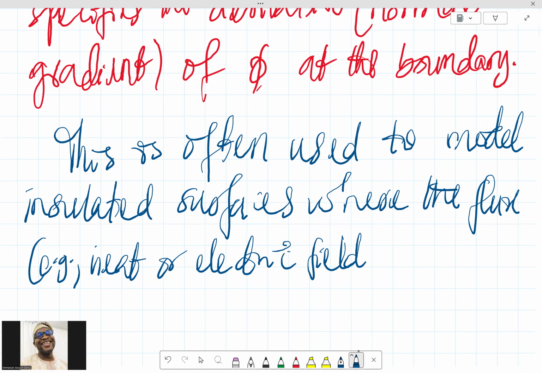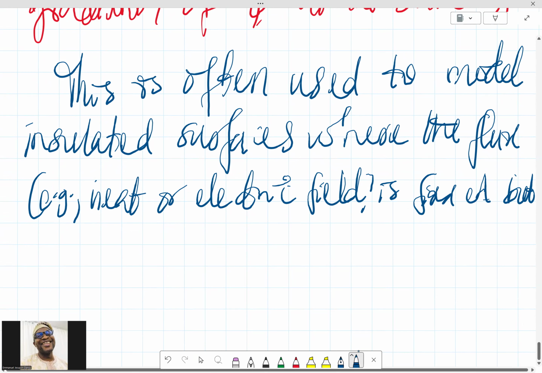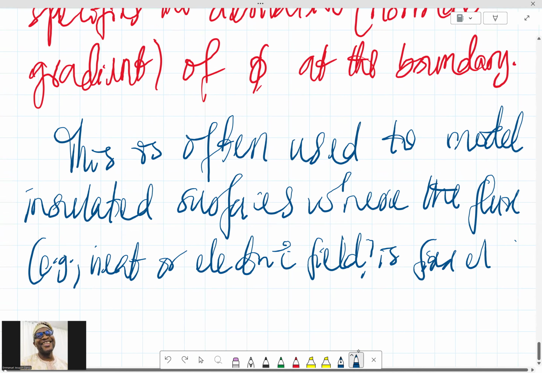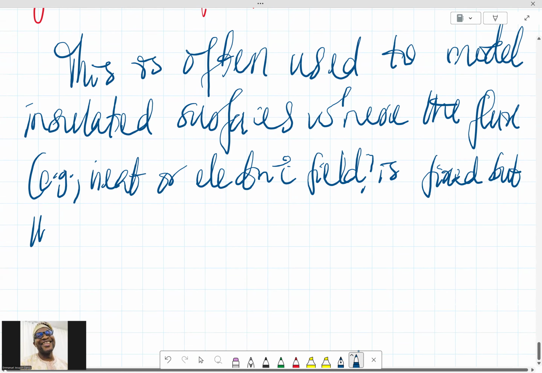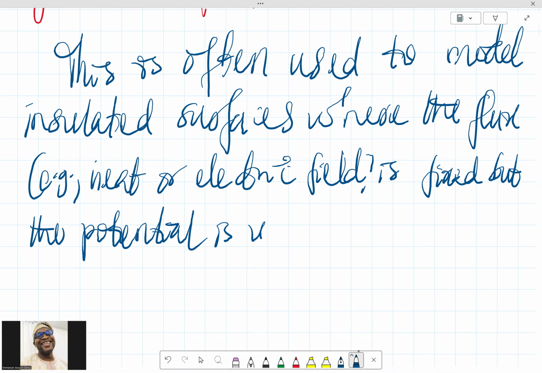The flux is fixed, but the potential is unknown.